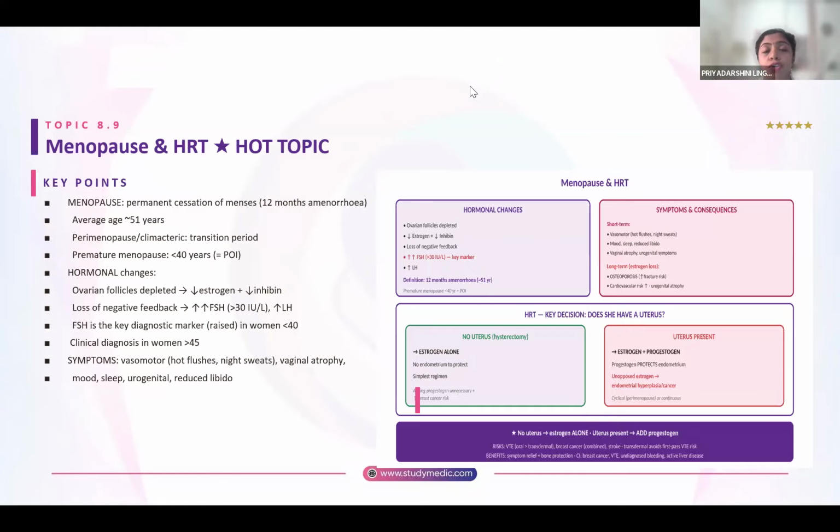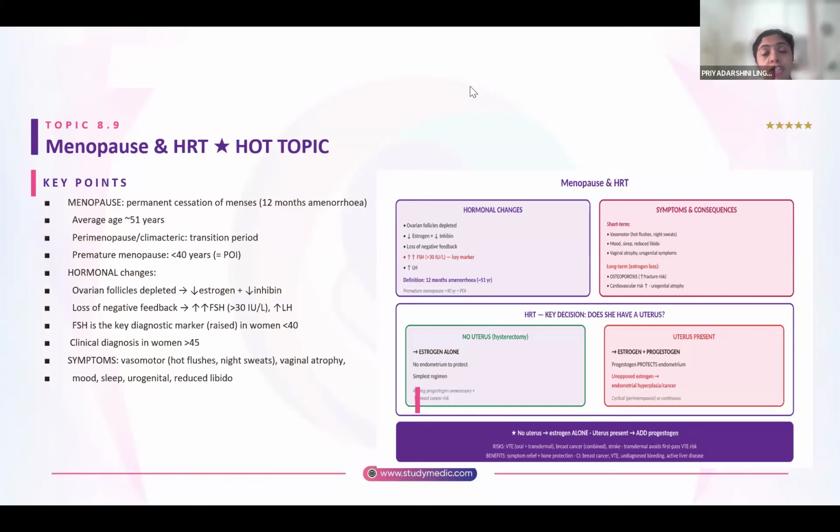Because of this loss of estrogen, it is not only the vagina, the entire urogenital system can undergo atrophy. And because of reduction in estrogen, the woman might experience some sexual disturbances like reduced libido. Now, these are all with the reproductive system per se. What are the other general effects because of hypoestrogenism? Most common one is osteoporosis.